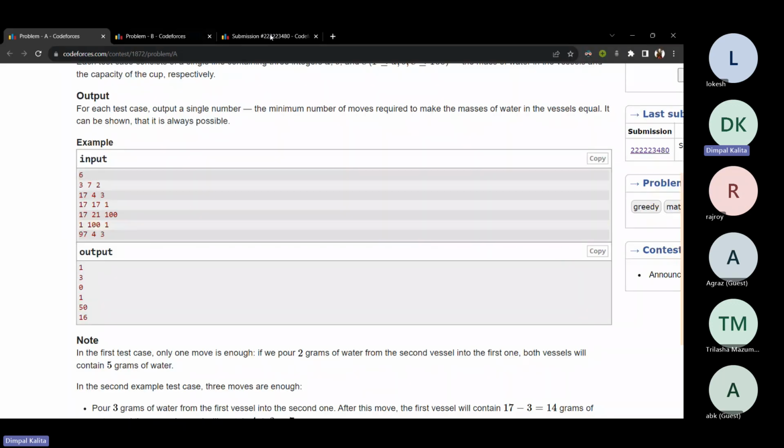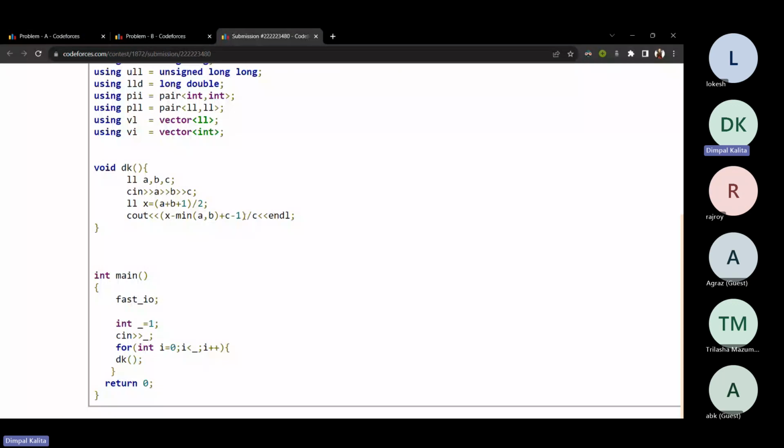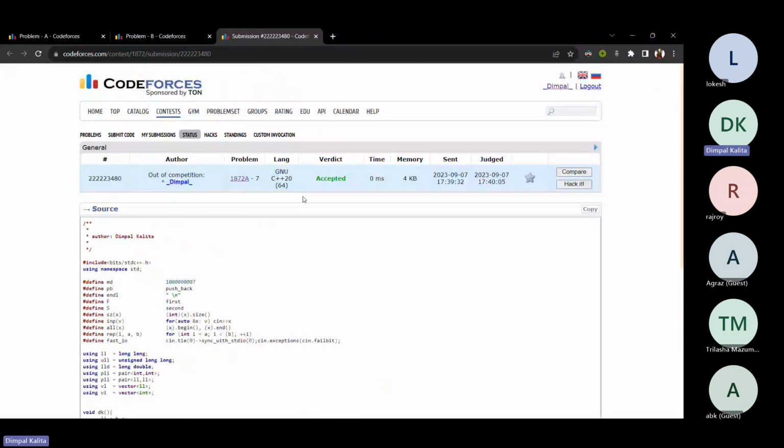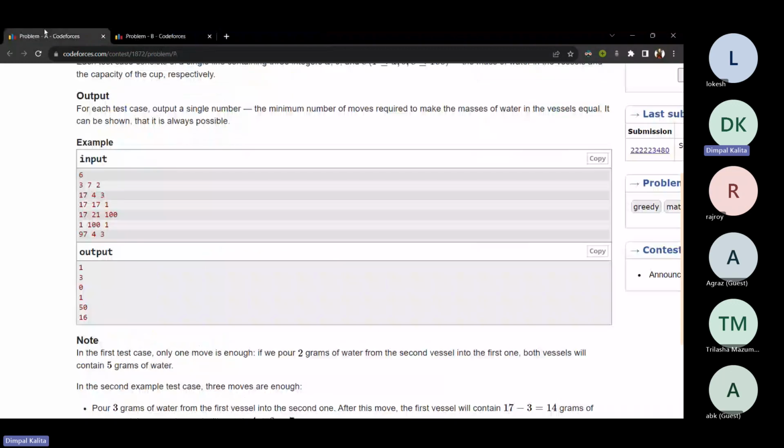So I've taken the ceil value here, adding C and subtracting 1, and dividing by C, and that is the solution for it. Anyone have any doubts?